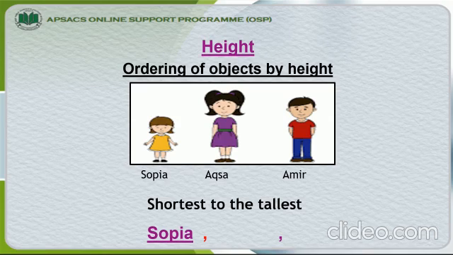And we are arranging from shortest to the tallest. Now, who is taller, Aksa or Amir? Yes, Amir is taller. Okay, and who is tallest? Yes, Aksa is the tallest here. So, we arrange the height of these children from shortest to the tallest.